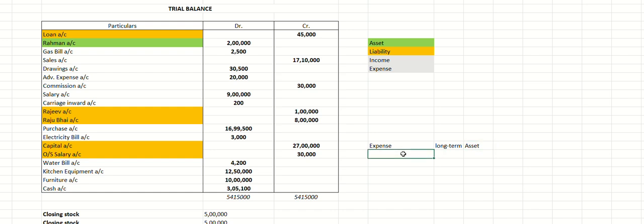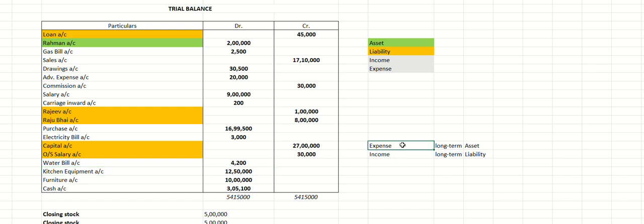Similarly, when an income is repaid on a long term, it is our liability. I think you might be confused. Just understand, when we make an expense and the benefit of the expense remains in the business for the long term, at least more than 1 year, then we call it our asset. Think about kitchen equipment. Will we buy kitchen equipment every year? No, kitchen equipment remains in the business for a long term.